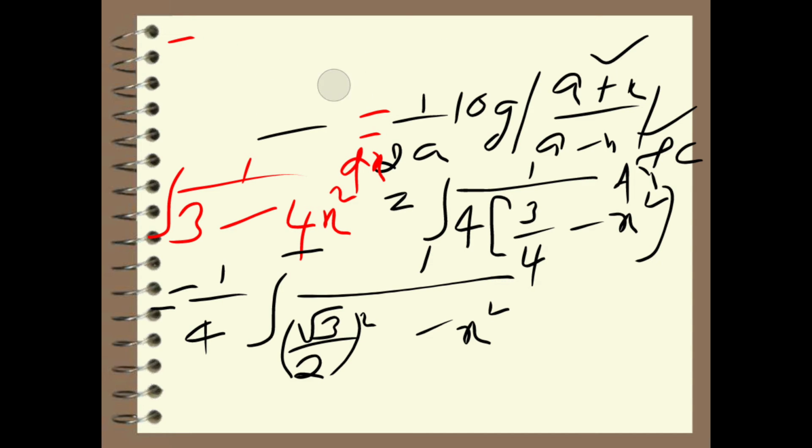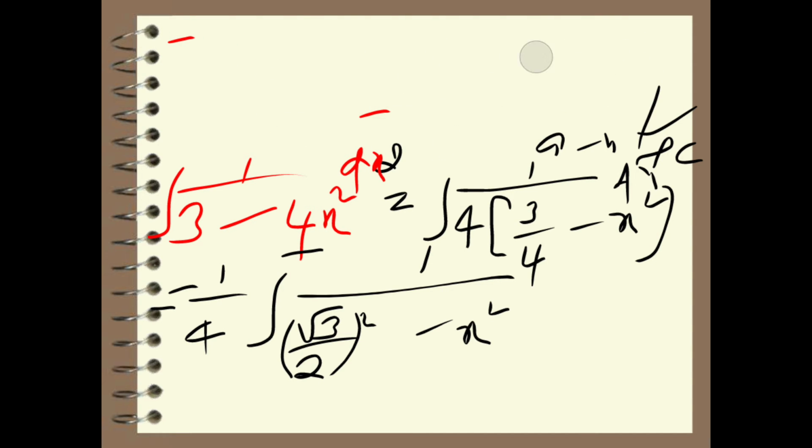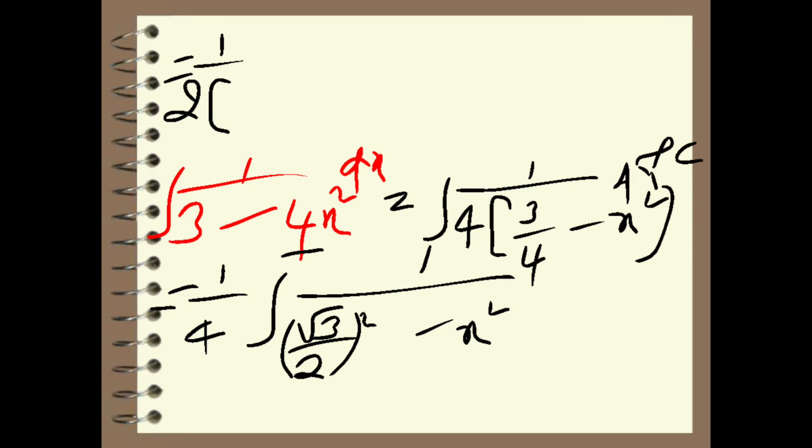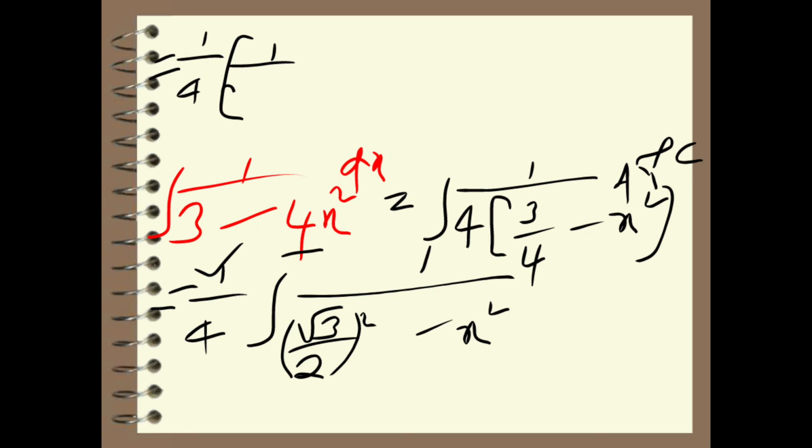Okay, now I am writing here. So what is our formula here now? 1 by 2a log is our formula. So this is equal to 1 by 4, which is already there, of 1 by 2a, that is 2 into root 3 by 2.